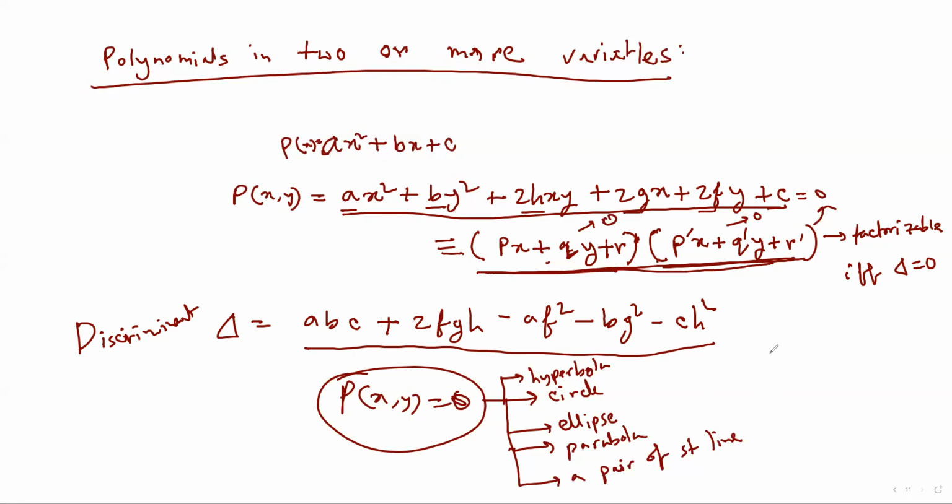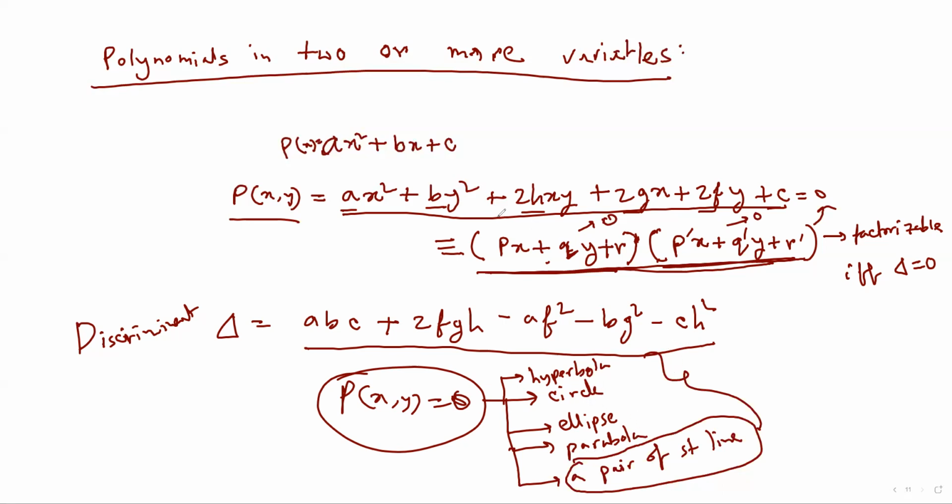So basically, if you draw this expression for different choices of a, b, c, h, g, f, you are going to get different kinds of shapes depending on the choice of the coefficients. It's not going to happen that you get a pair of straight lines every time. Sometimes you get a parabola or an ellipse or a circle, right?